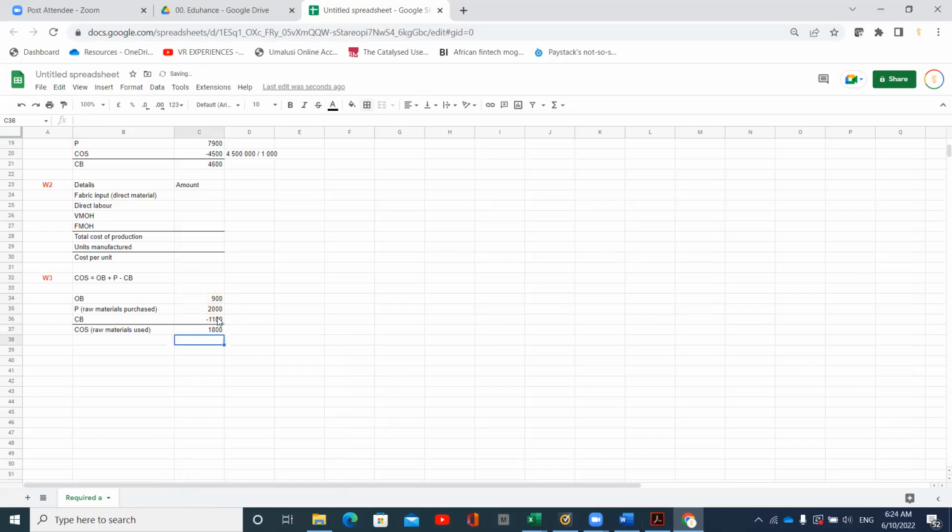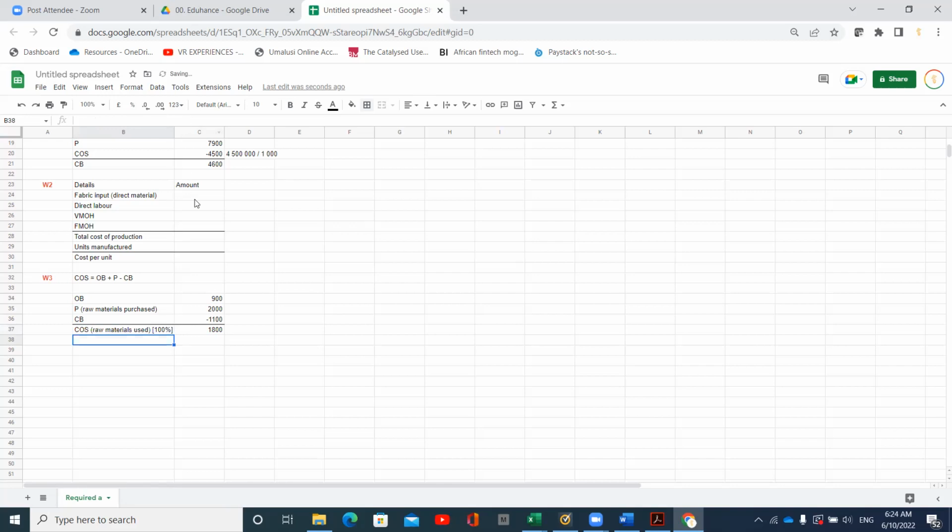Okay, so we used 1,800 raw materials. Now remember they told us that there was a 5% loss. Okay, so this amount is including the loss. So what was actually transferred was 100%.